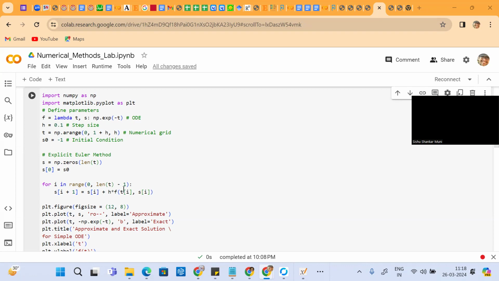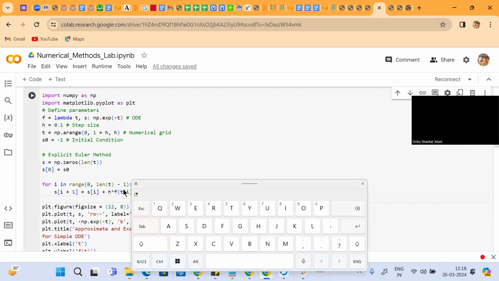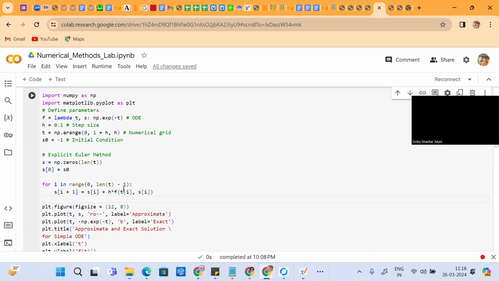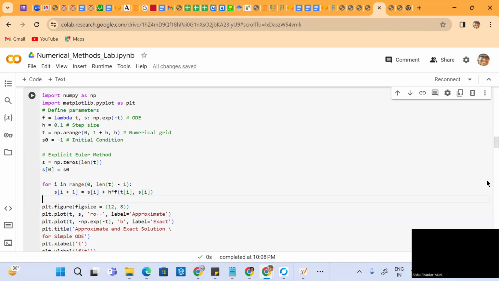So S[i+1] equals S[i] plus h into the function, the ODE, f of T[i] and S[i]. On the right side, all you can see are the ith state variables, and you are predicting the i plus 1 step. Then it is done.